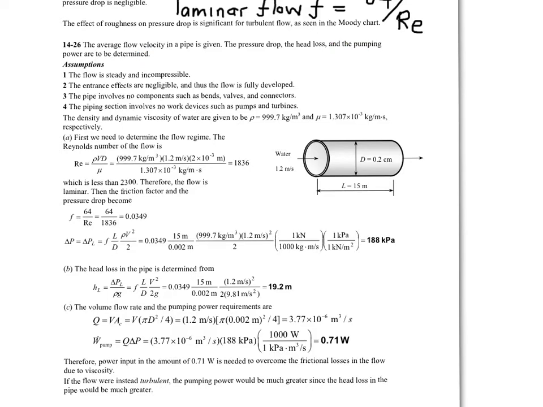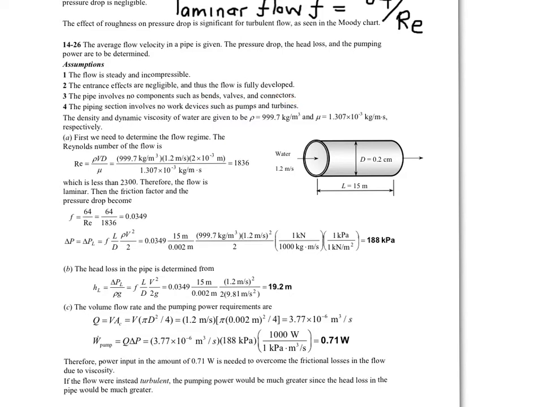We need to make assumptions. We are assuming, as usual, that the flow is steady and incompressible. The entrance effects are negligible, and thus the flow is fully developed. The pipe also has no components such as bends, valves, and connectors.